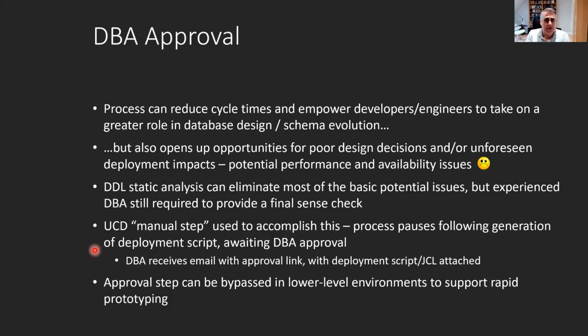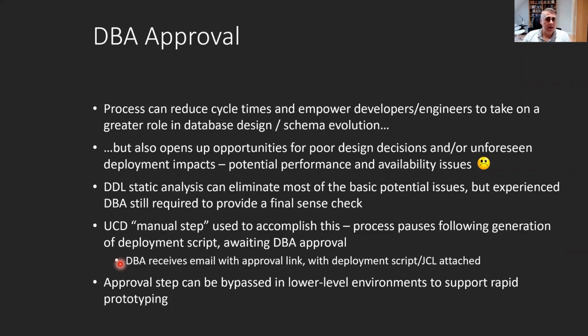That allows us to send the DBA an automated email that includes some attachments. Those attachments typically include the execution JCL that's about to be executed, the execution script, and the work list that contains all of the steps that are going to be run in order to implement that change.